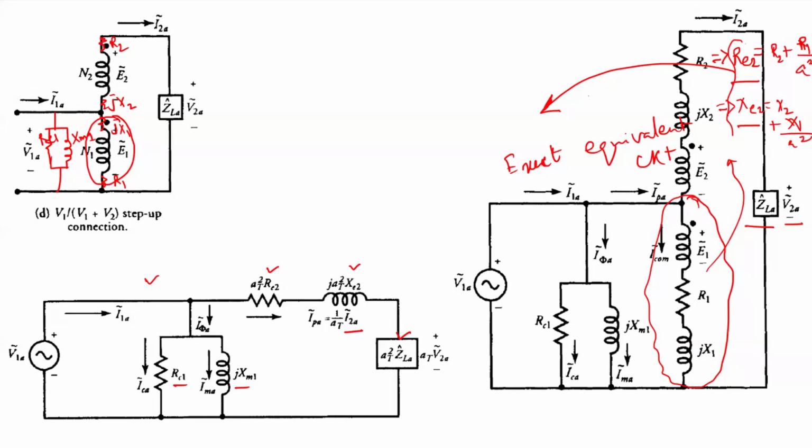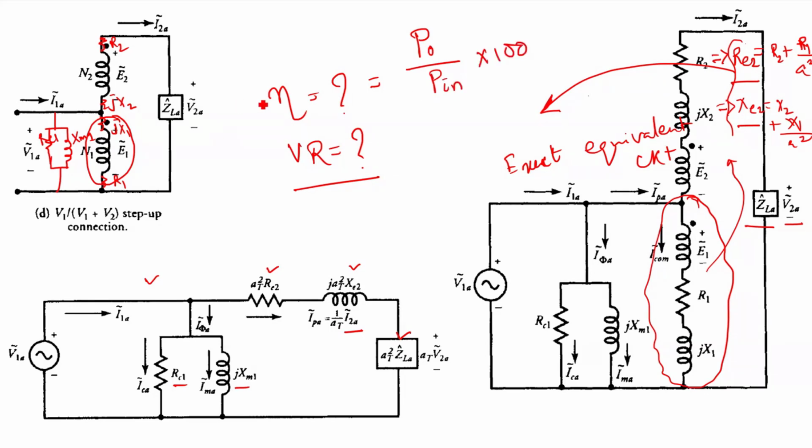Using these equivalent circuits, we can analyze the autotransformer performance very easily. To find the performance of the autotransformer, we need to find the efficiency and the voltage regulation. Efficiency, we know, is the power output by power input into 100. This gives me percentage efficiency.